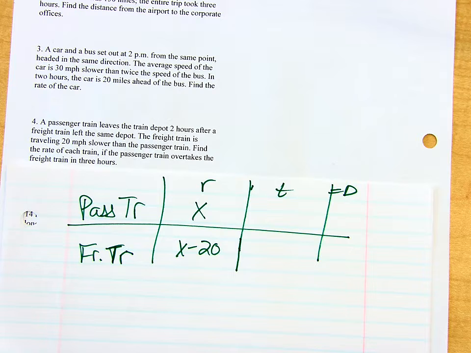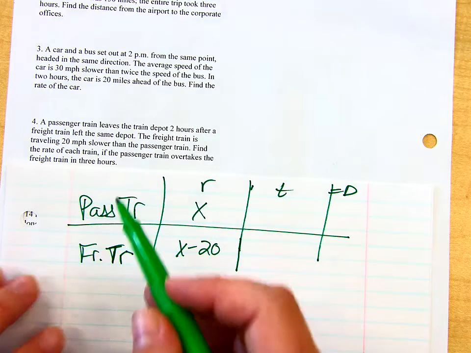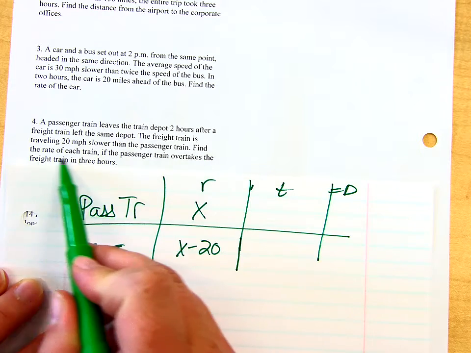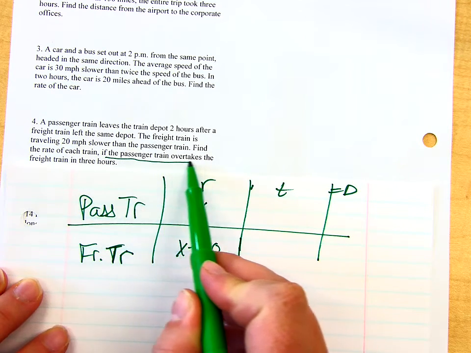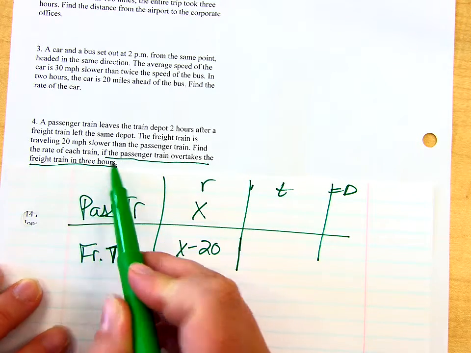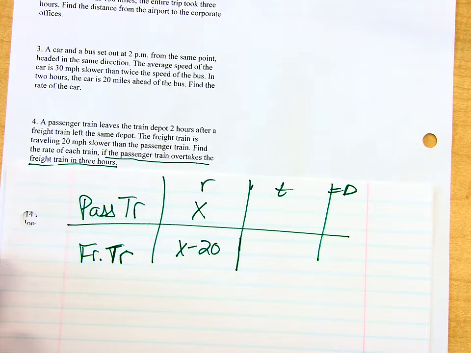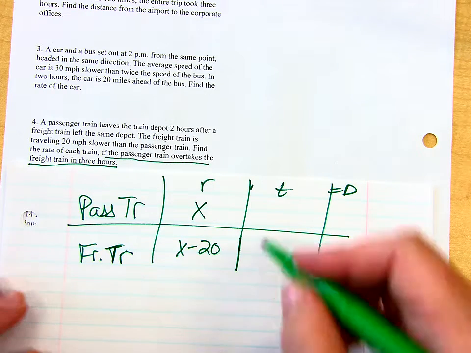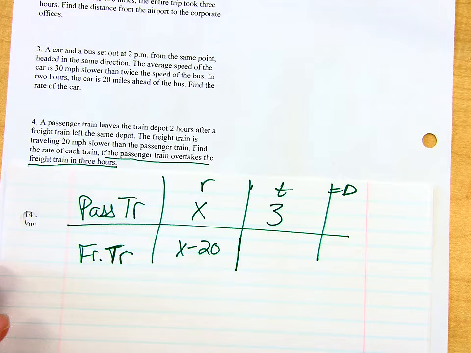So how long has the passenger train been traveling for? Read it again. Find the rate of each train if the passenger train overtakes the freight train in 3 hours. 3. The passenger train has been going for 3 hours.